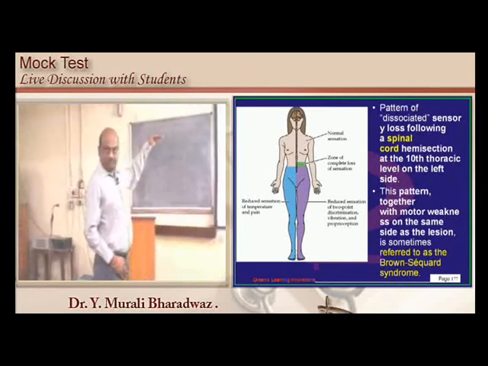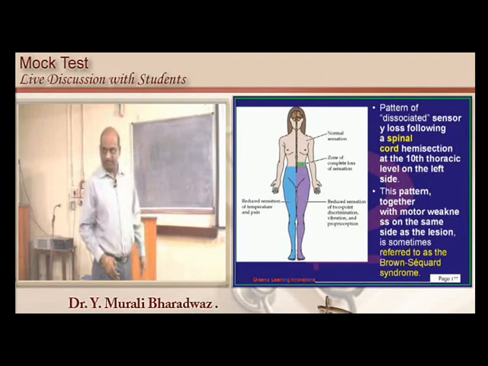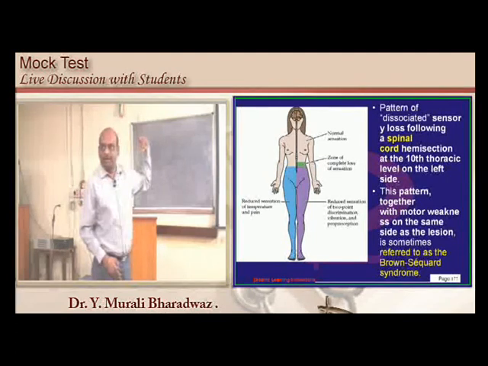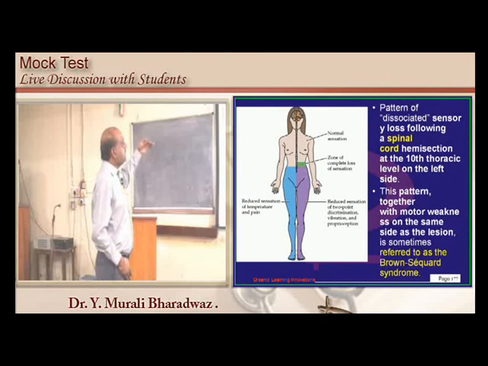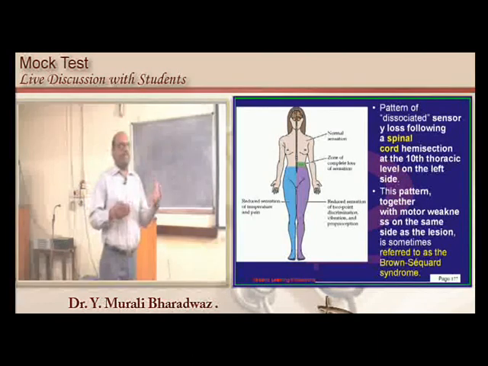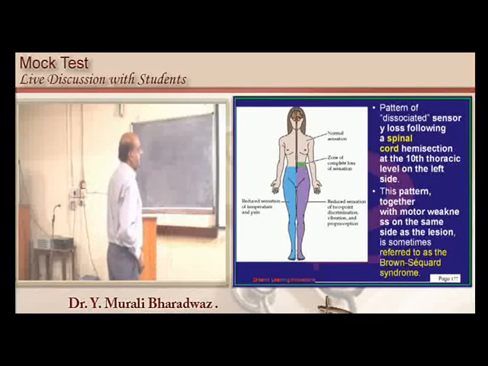If at all there is a hemisection of spinal cord, then there is motor weakness, because pyramidal tract fibers will be passing down. Then there is development of reduced sensation of temperature and pain on the contralateral side, and there is a zone of complete loss of sensation, all senses on the ipsilateral side. So this is also an example of some sensations affected, some not affected in case of the Brown-Séquard.